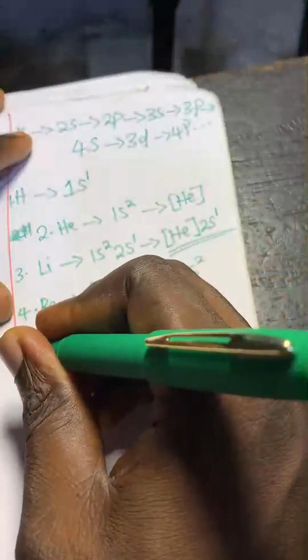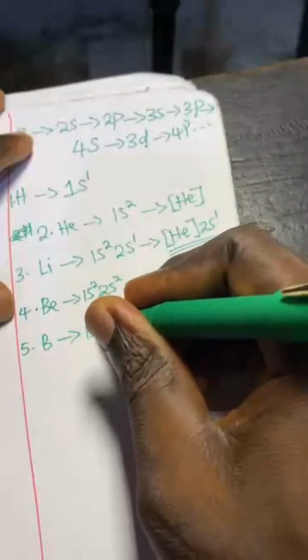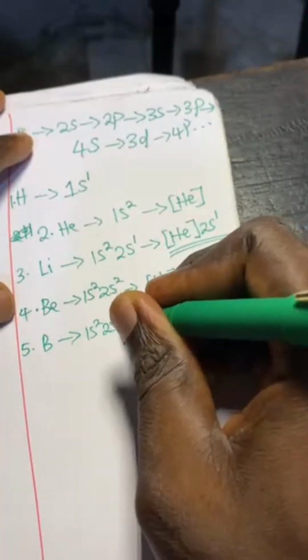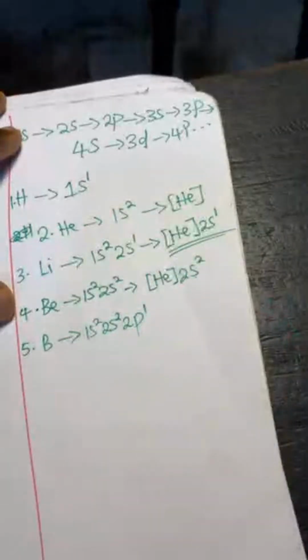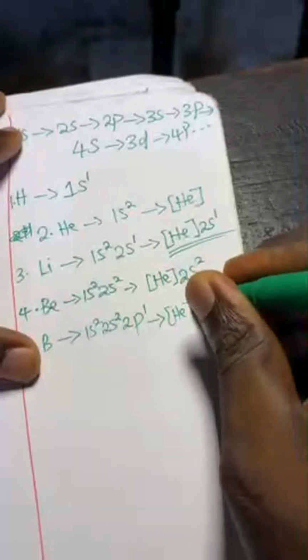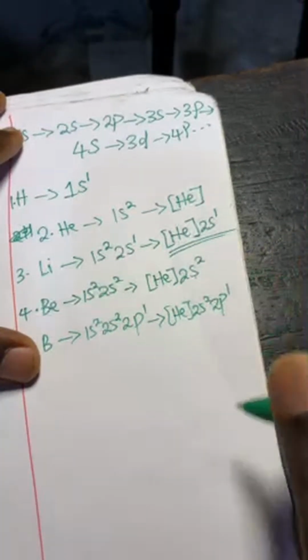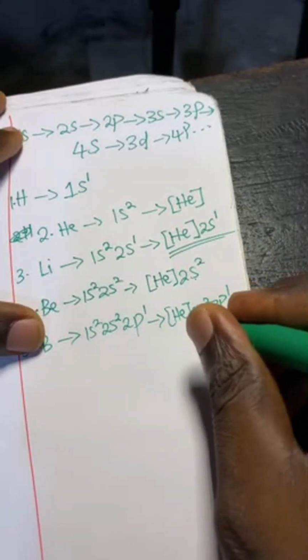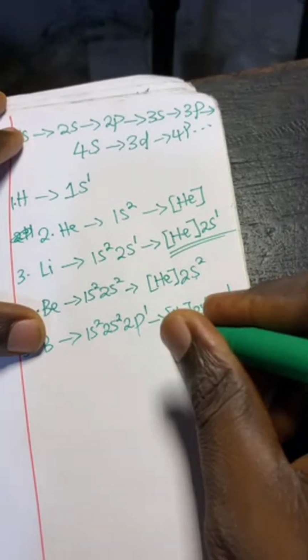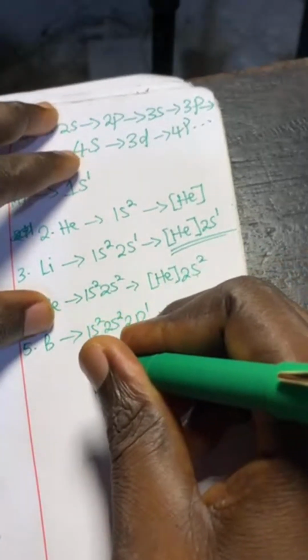Now let's go to number 5, which is boron. You can see 1s2, 2s2, 2p1. So with that, you have helium, 2s2, 2p1. Now of course, since this number is the same, it is the valence electron configuration of boron.